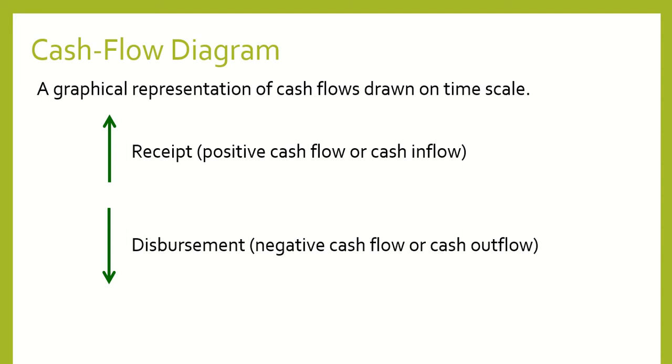That is called a disbursement, or a negative cash flow, or an outflow. So if you are on the side of the lender, when you lend money, that's an arrow down. That's a disbursement. But when the person who borrowed an amount pays you, that's a receipt for you.